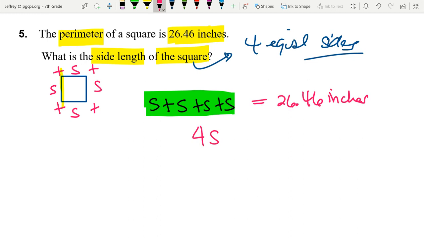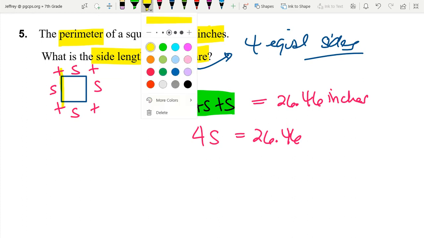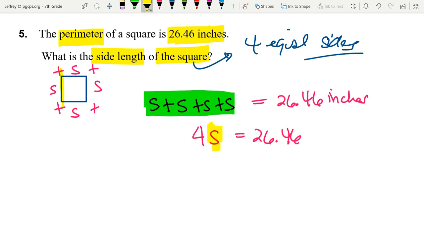We have 4 S's is equal to 26.46 inches. Since we're solving for S, what do we do with 4? Absolutely, we're going to undo multiplication, because adding 4 S's is the same thing as multiplying S by 4. So we're going to divide by 4, divide by 4. 4 divided by 4 gives you 1S, or just S.